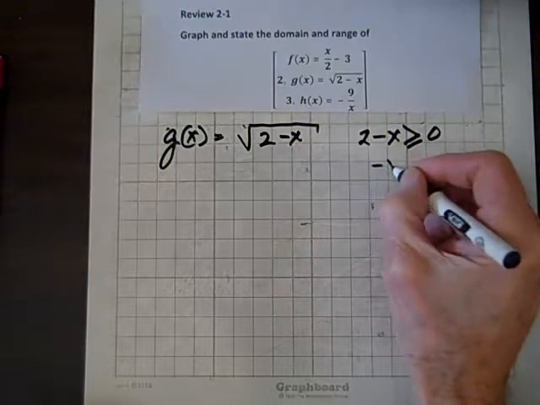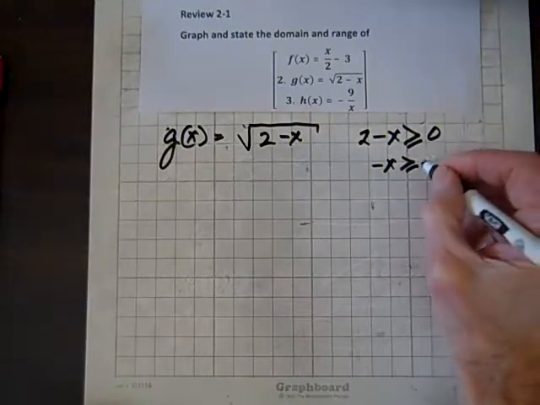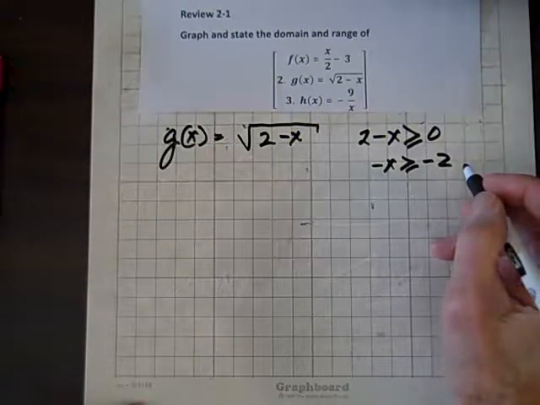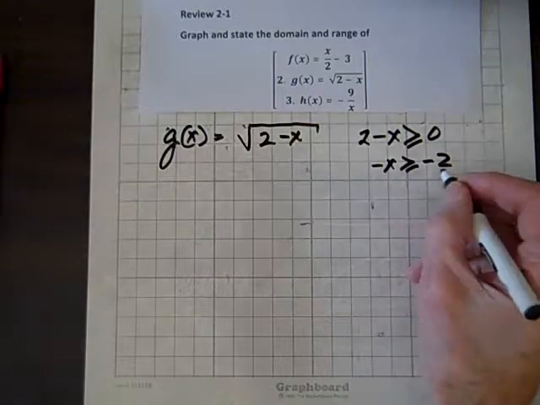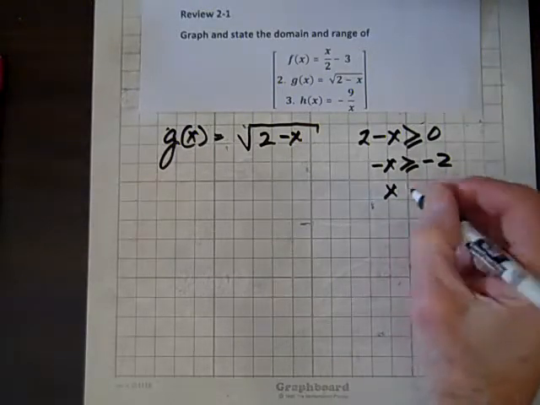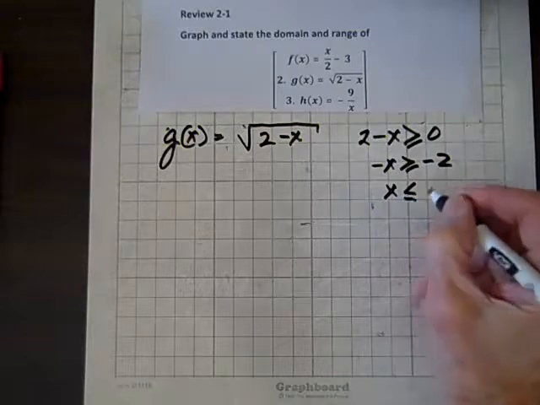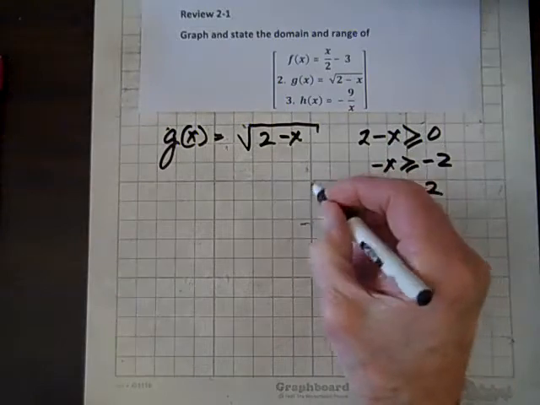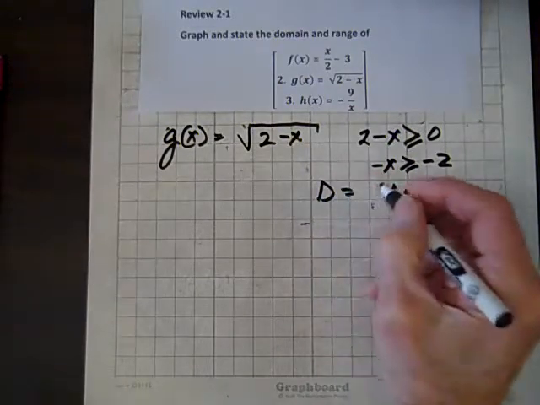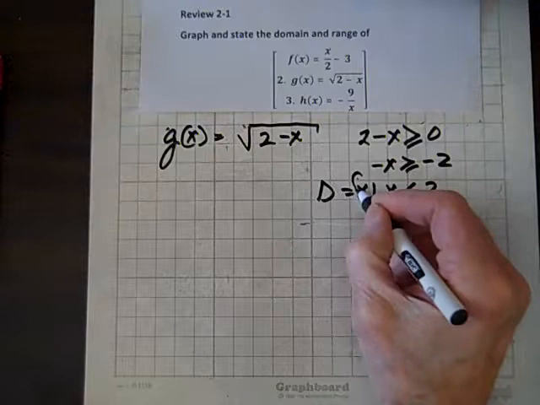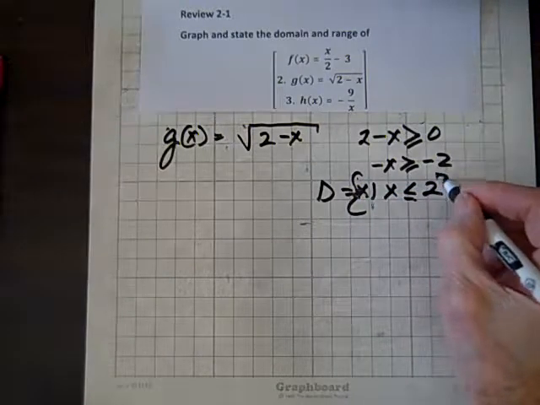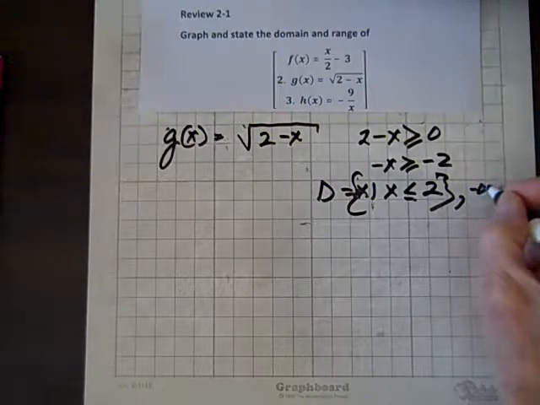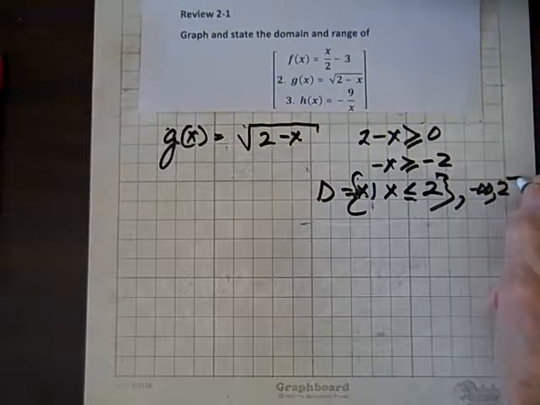Subtracting 2 from both sides, we get that negative x is greater than or equal to negative 2, and now we'll multiply both sides by negative 1, and anytime we multiply or divide through by a negative, we have to flip the inequality. So therefore, the domain equals the set x such that x is less than or equal to 2. In interval notation that would be negative infinity to 2.